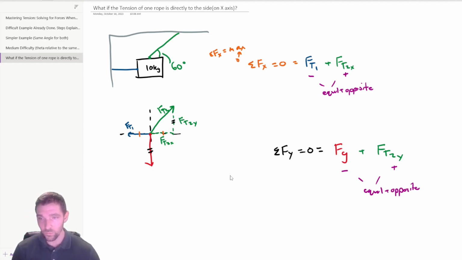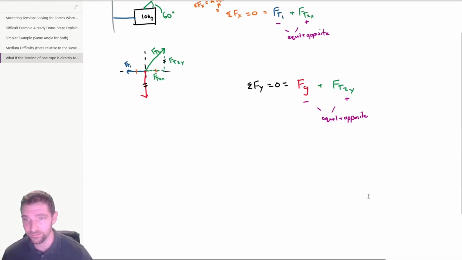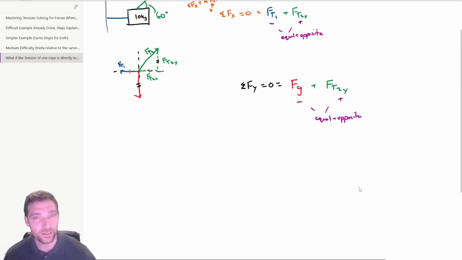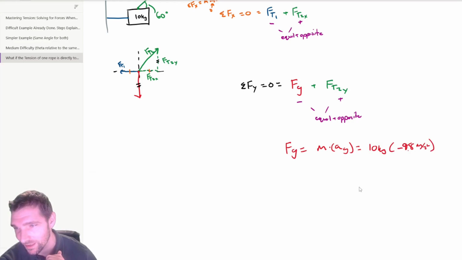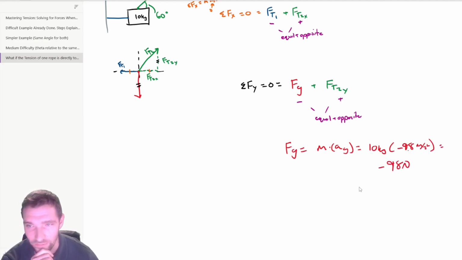So we know what Fg is in this context because it's a 10 kilogram weight. Fg is going to be mass times the acceleration of gravity, which is a negative 9.8. So we've got the 10 kilograms times negative 9.8 meters per second squared. So we've got our 98 newtons for the force of gravity.